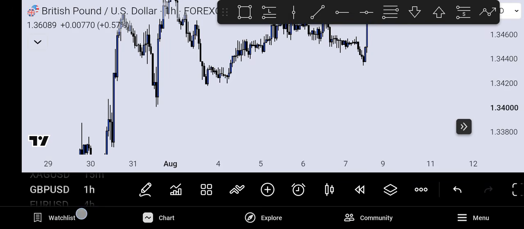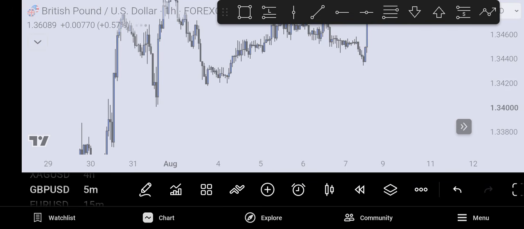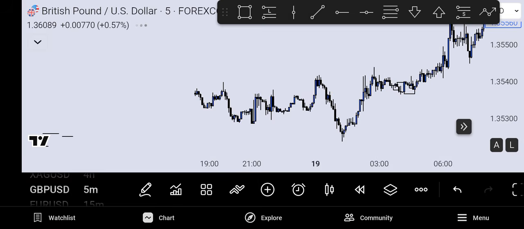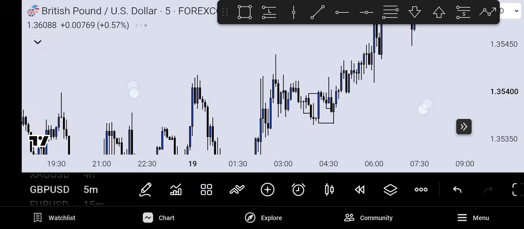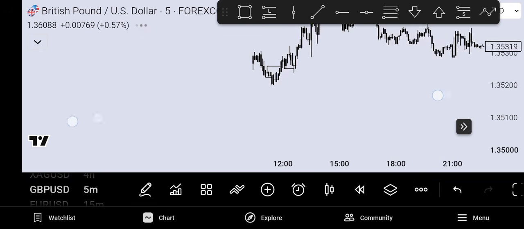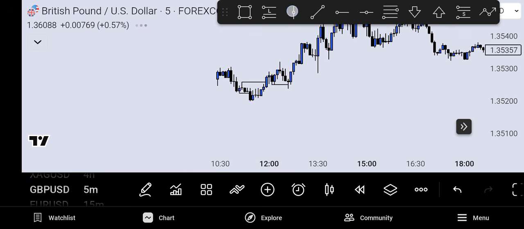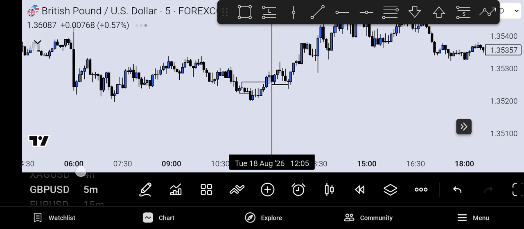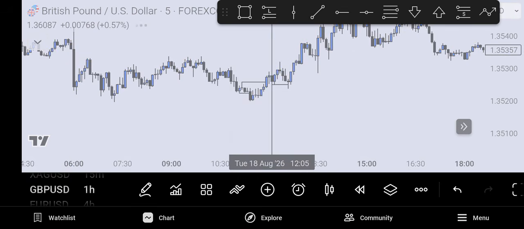Let's go over to the M5 again. This is really slow. Okay, cool. This is the first drawing and this is the second drawing. I think I'll put this long tool here to spot it easily.